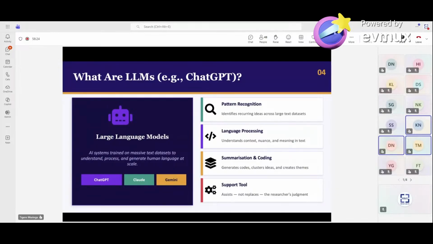Their capabilities are such that they are doing thematic analysis in the natural sense, right? They are already thematic analysis platforms, because what they do is look at the data that has been fed into them and look for patterns, right?